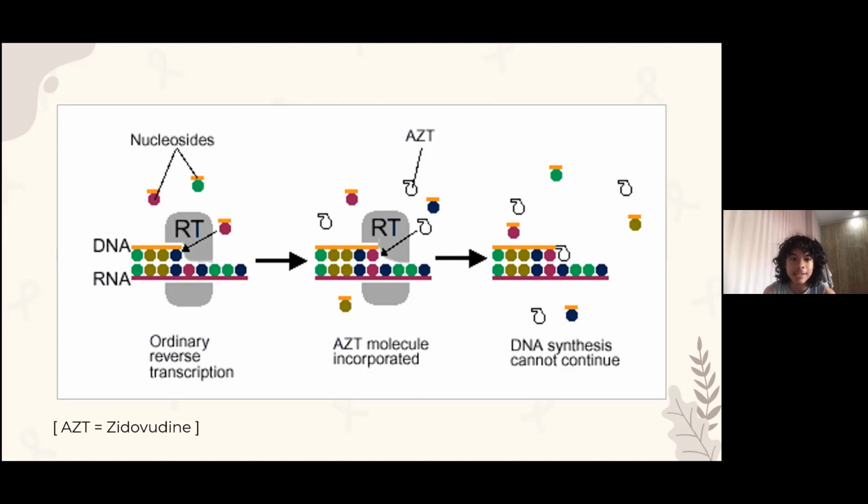AZT competes with the natural nucleosides to prevent incorporation into viral DNA and thus prevents reverse transcription. RT embeds the AZT into the synthesized molecule of DNA, and as a consequence, natural nucleosides can no longer be added. This process is called chain termination.